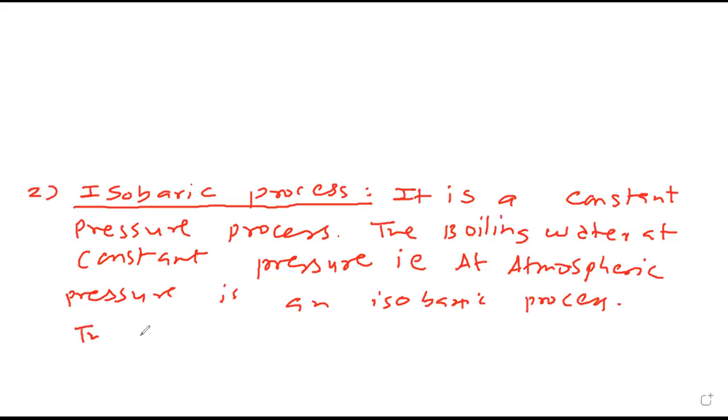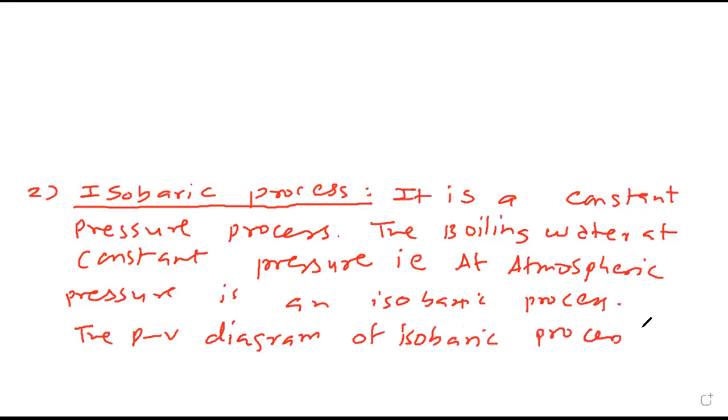The PV diagram of an isothermal process is called an isotherm, but for an isobaric process it is called an isobar.